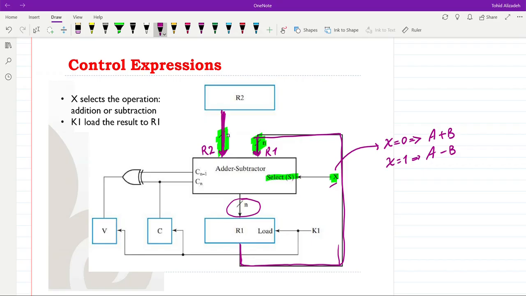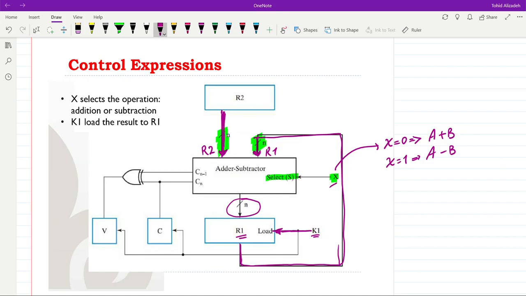But that result will be written into R1 whenever K1 is equal to 1, because then it will enable the register to be loaded with new data. K1 is connected to the load input of the R1. So while K1 is equal to 1, then the register will be able to be loaded.